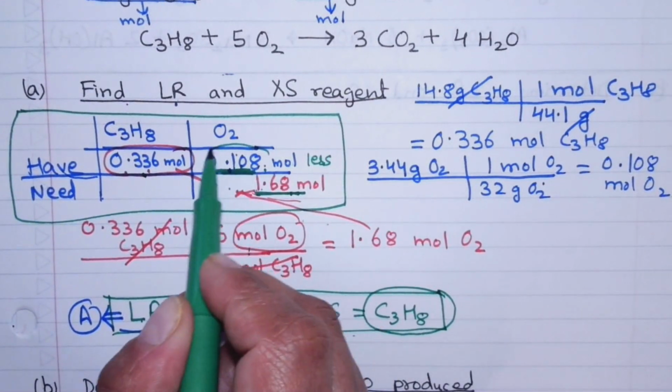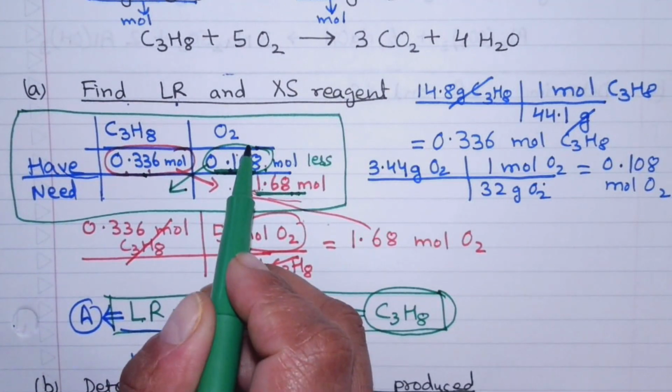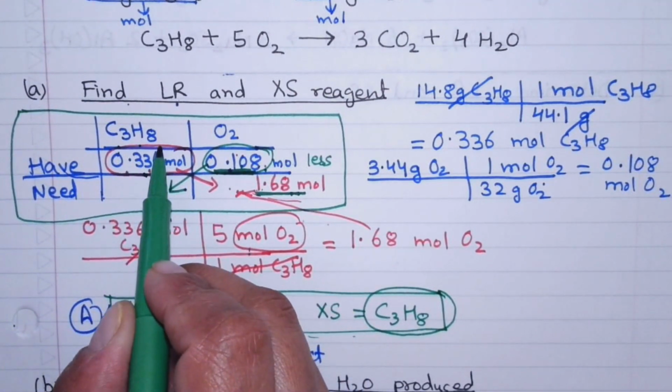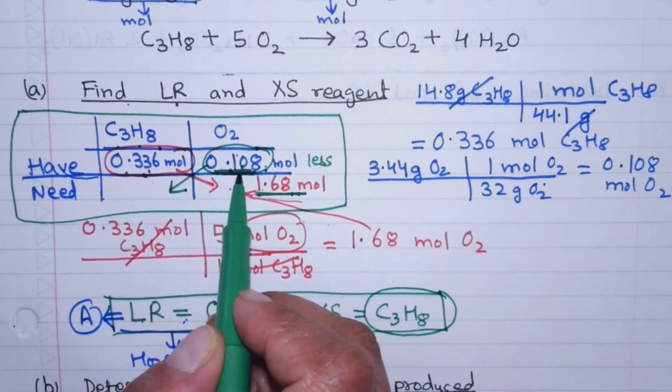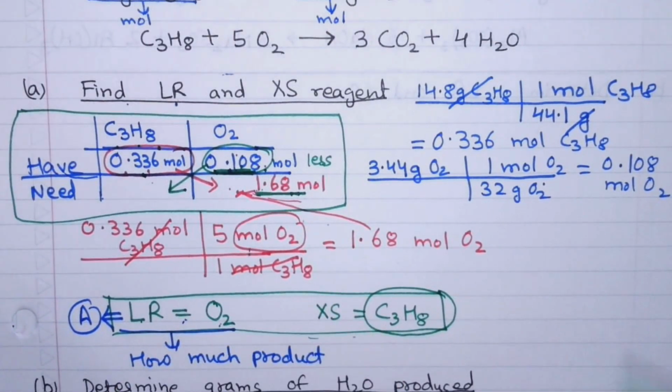So we will start with oxygen and see how much of the C3H8 will be used up by 0.108 moles of oxygen, right?